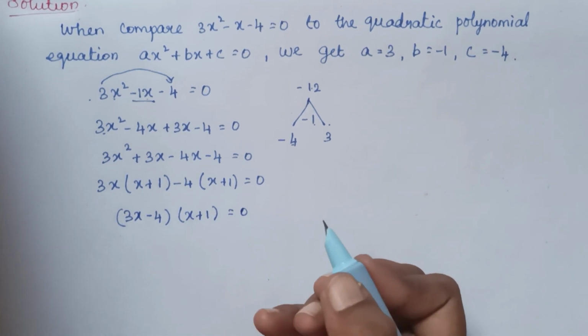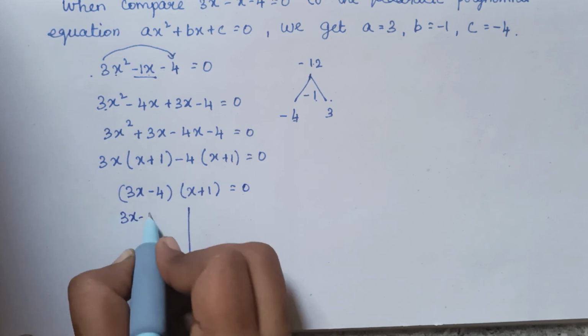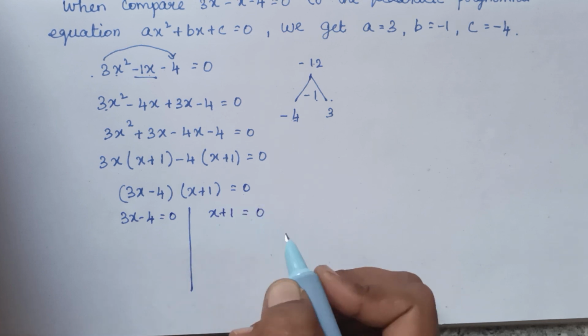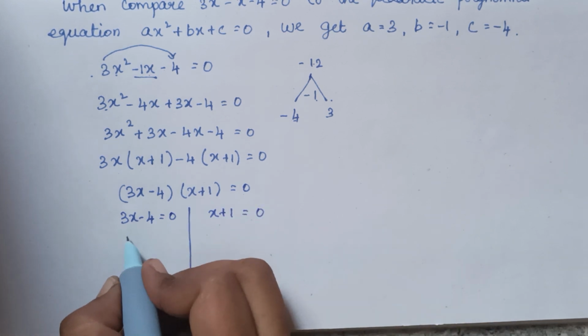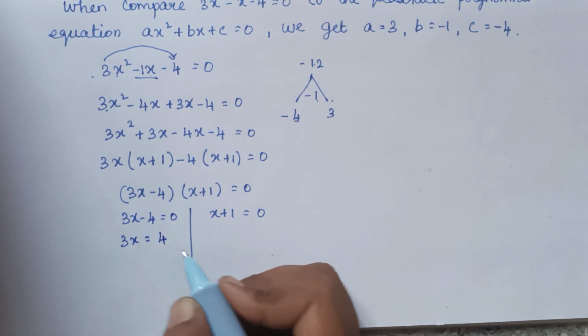Now take 0 as common. So 3x minus 4 is equal to 0. Here x plus 1 is equal to 0. We are taking them separately. So now 3x is equal to, so minus 4 comes this side as plus 4.